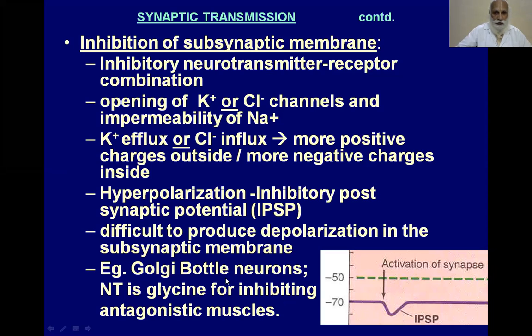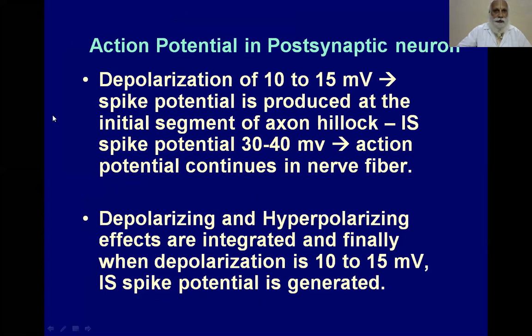The inhibitory Golgi bottle neurons have glycine as their transmitter. For the action potential in postsynaptic neurons, about 10 to 15 millivolts of depolarization is needed. It occurs at the axon hillock, the initial segment of the axon, at the beginning of the axon where it continues from the soma.